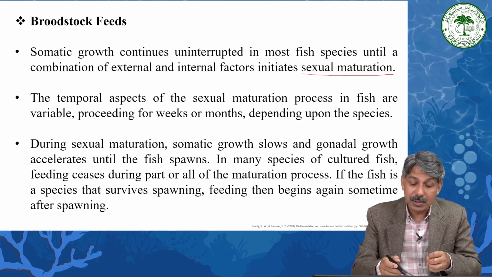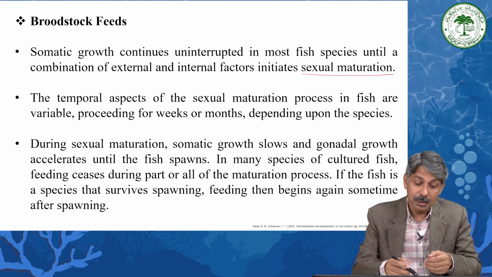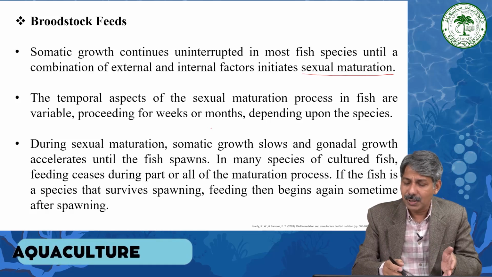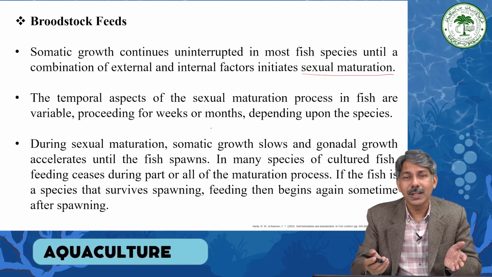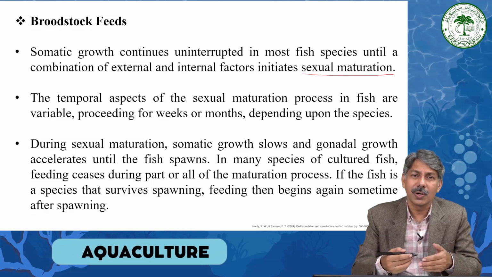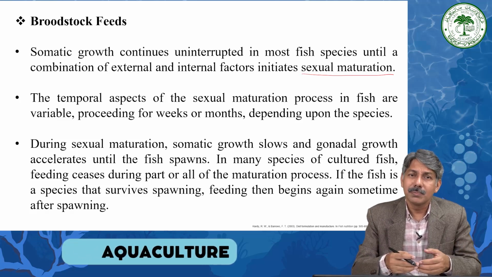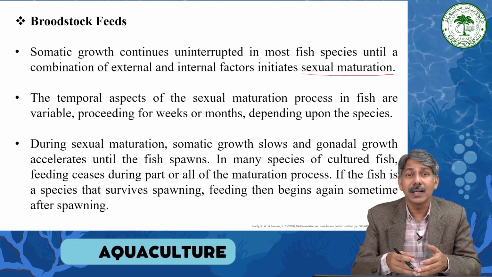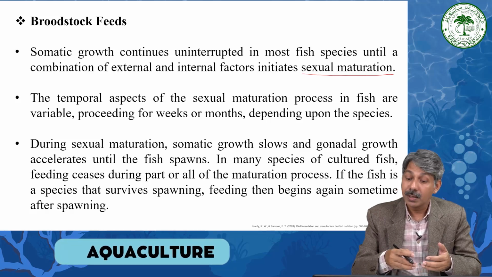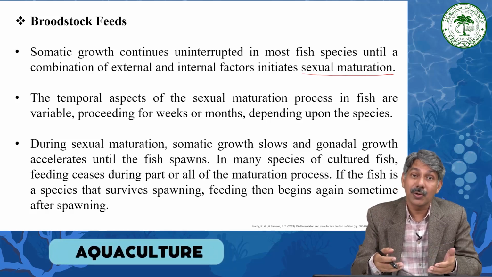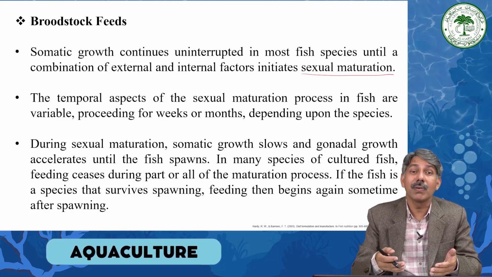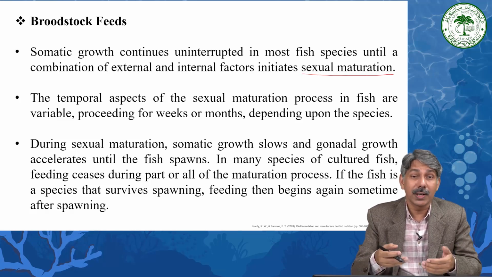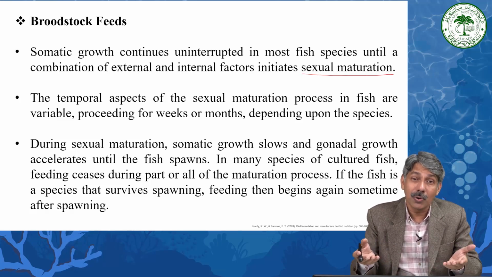The temporal aspects of the sexual maturation process in fish are variable, proceeding for weeks or months depending on the species. We all know that there are certain species which mature at a very early age. Some species may have more than one cycle of breeding in 1 year. Some may attain first maturity in 2 years, 3 years, 4 years, or there are certain ones that attain maturity in maybe 8, 9, 10 years or more.